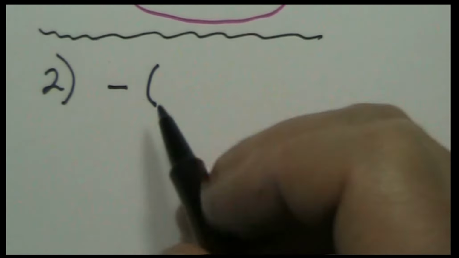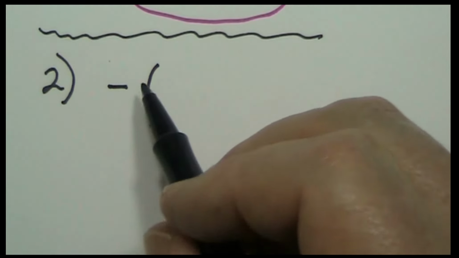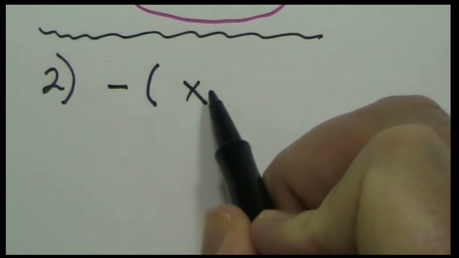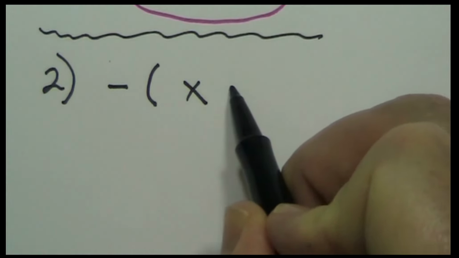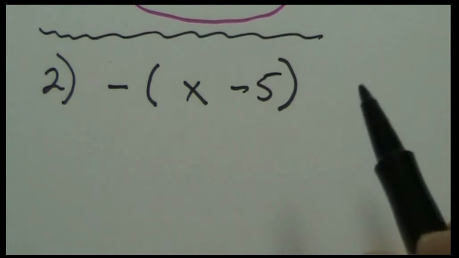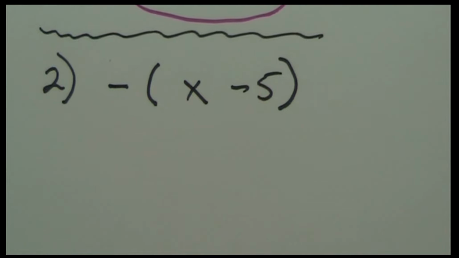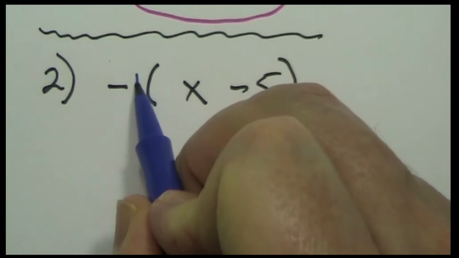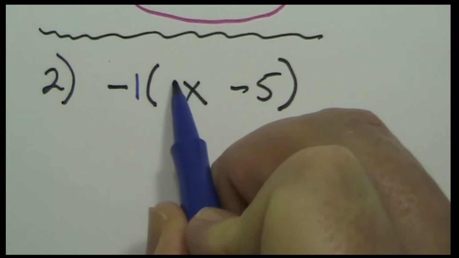Okay, here's number 2. So that's negative, or you can think of it as being minus, and that's x minus 5. So remember, there are invisible ones on here. So for example, this is a -1 right here, and that's like a 1x.